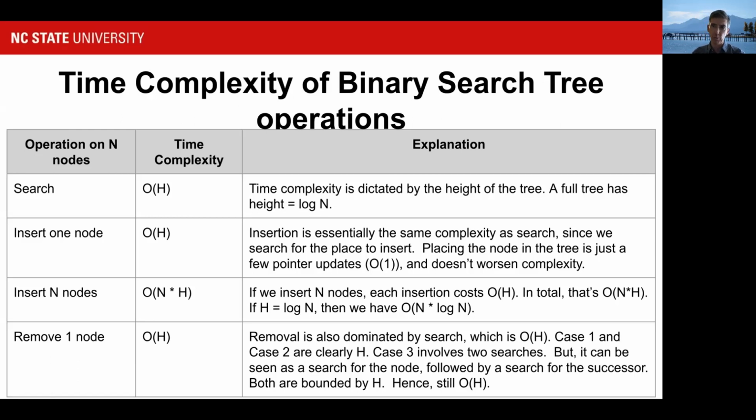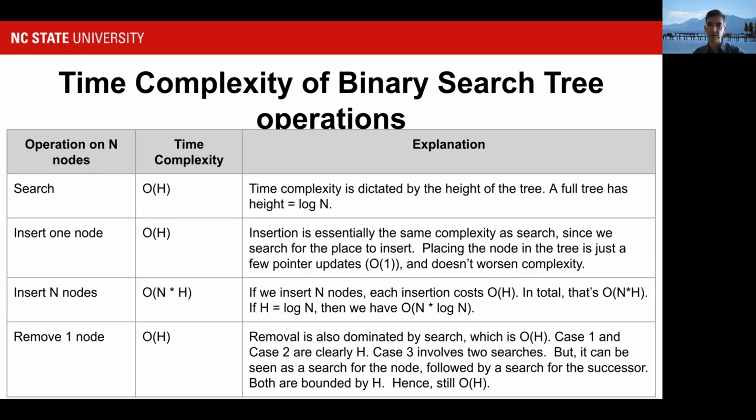And again, rewiring the tree to move the successor in and replace that node is just a few operations. It's constant time, so that doesn't alter the big O complexity. So at the end of the day, removal is big O of H.